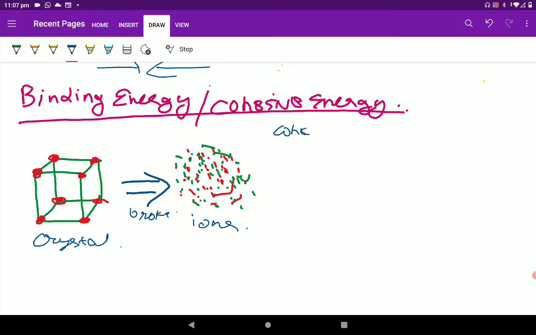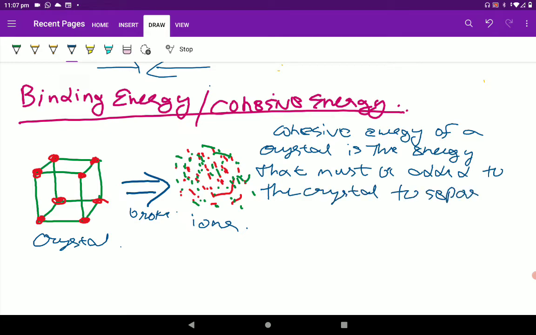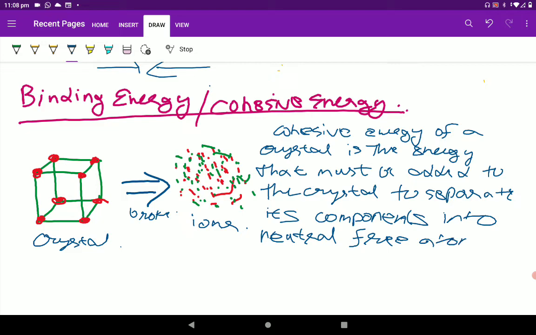So the cohesive energy of a crystal is the energy that must be added to the crystal to separate its components into neutral free atoms at rest and at infinite separation.